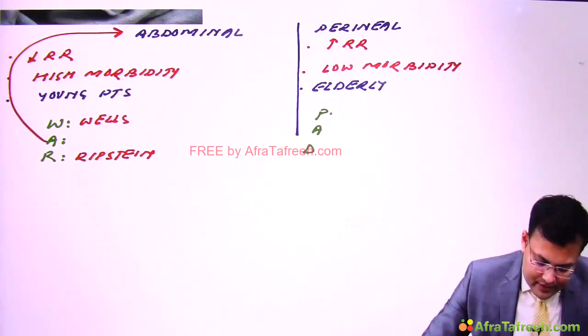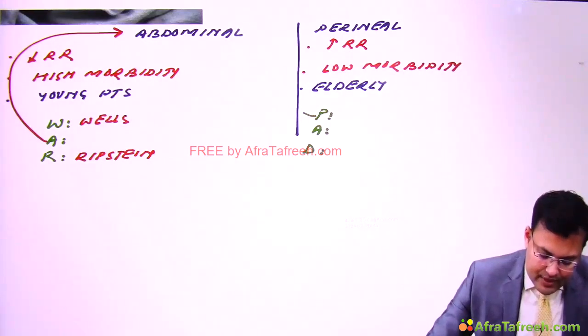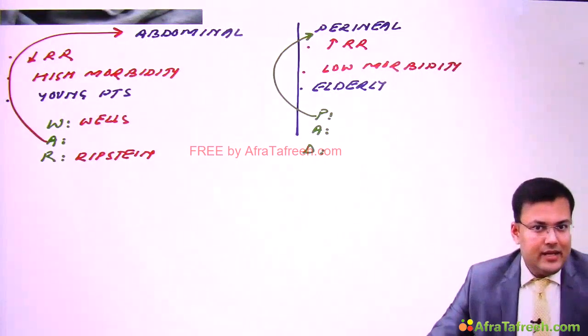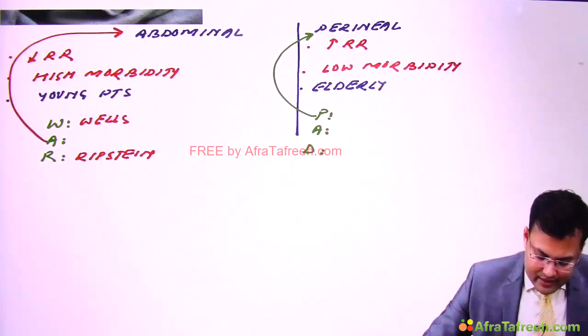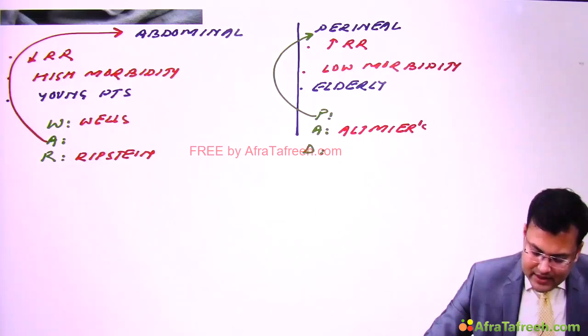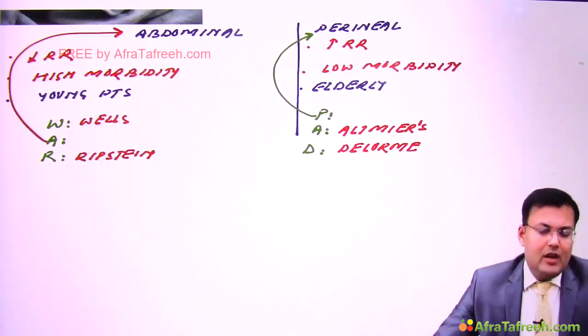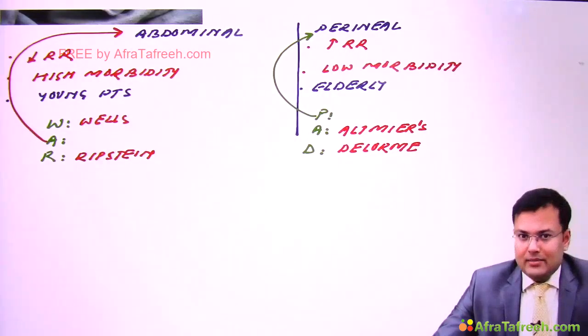Clear? P means perineal, A means Altmeier's, D means Delorme. So PAD, VAR: perineal Altmeier's Delorme; Wells abdominal Ripstein.